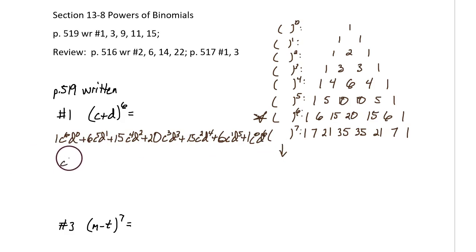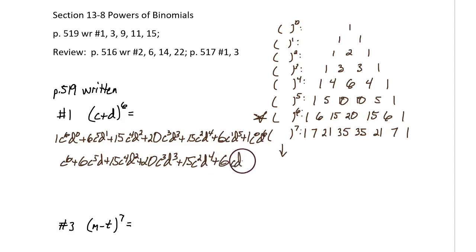So this makes c to the 6th plus 6 c to the 5th d plus 15 c to the 4th d squared plus 20 c cubed d cubed plus 15 c squared d to the 4th plus 6 c d to the 5th plus d to the 6th.